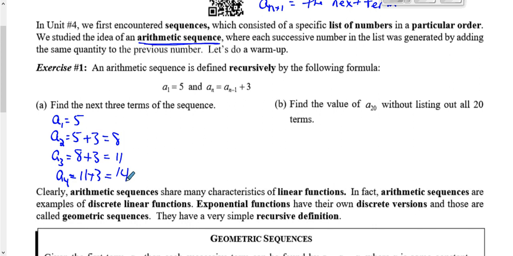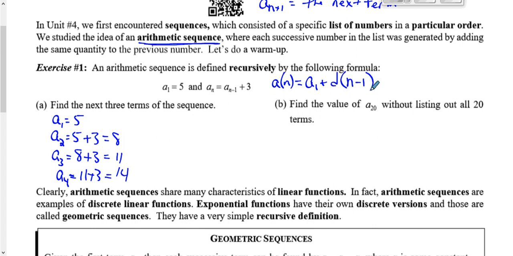We also had the explicit, remember? There was a common difference, kind of like slope, like m would be a common difference. So if you did it like this, A of n, the current term, equals A1, the first term, plus d times, anybody remember? n minus 1.